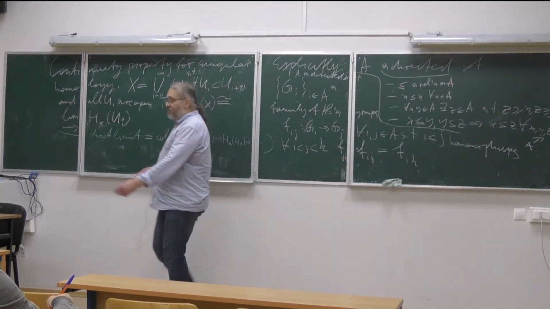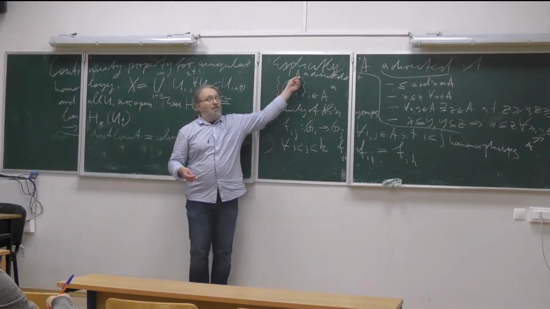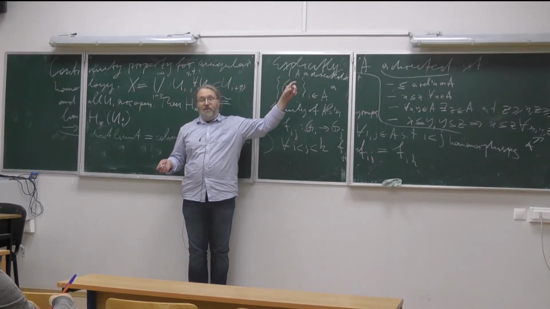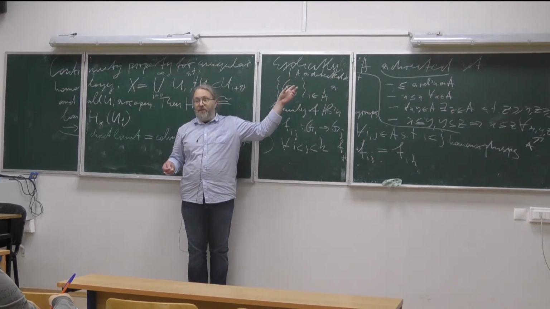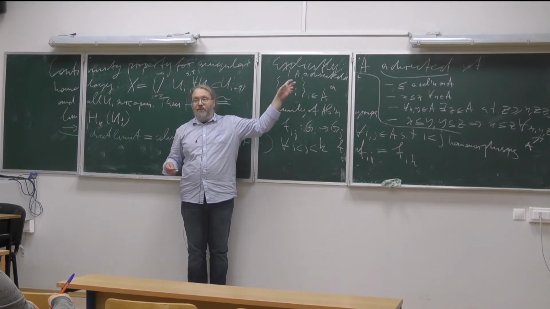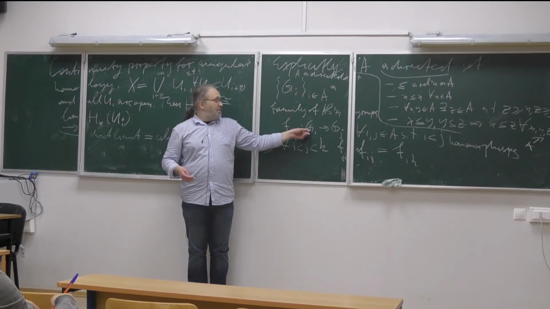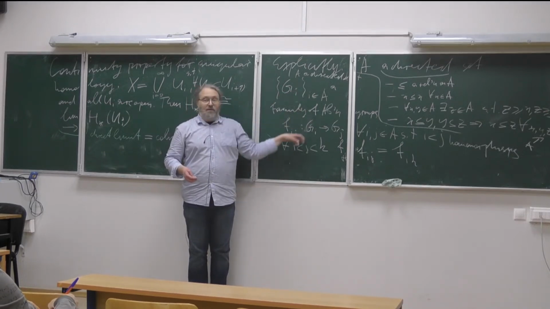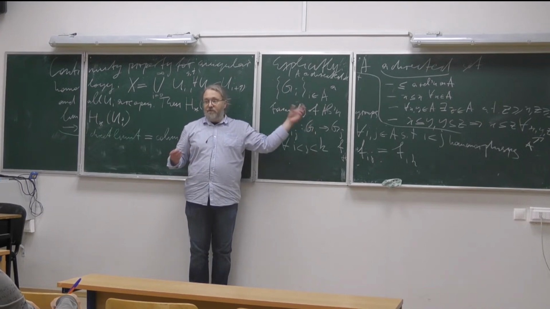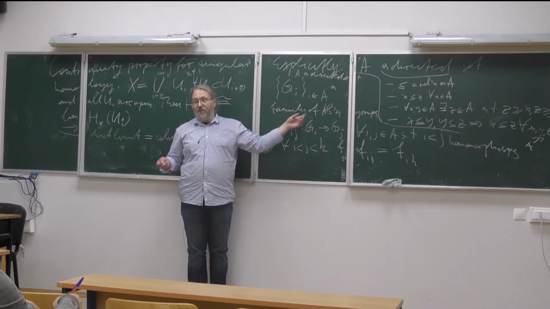In other words, if we consider A as a category with just one arrow between every two non-identical objects, then this data is just a functor from this category to abelian groups.